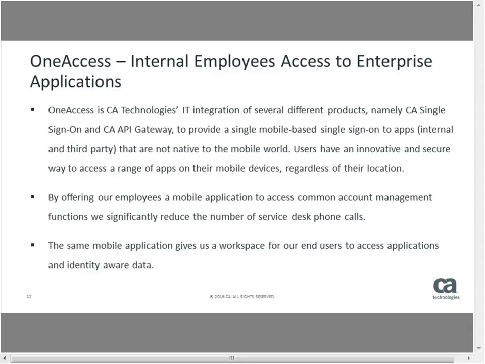Internally, we call this a next-generation workspace. It's a workspace that shows users what applications they have access to, and then users can click on these applications, and sign-on happens in the background. They don't need to sign on again for each application, both in mobile and in desktop.